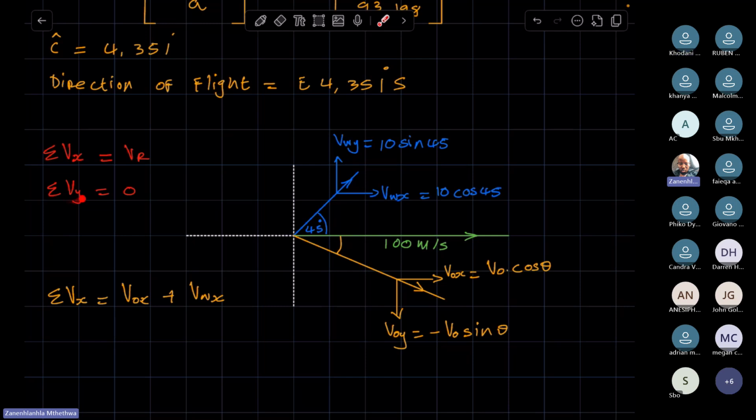If VR is parallel to the y-axis, it's going to be the other way around. Let's just say it is going directly north. It could have been headed south, but let's say it is headed directly north.